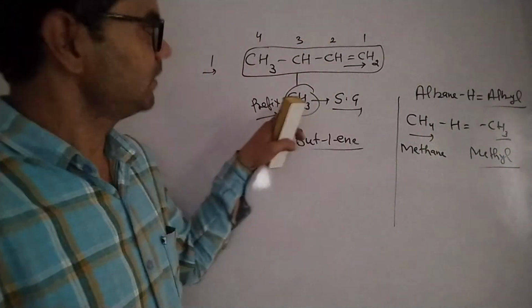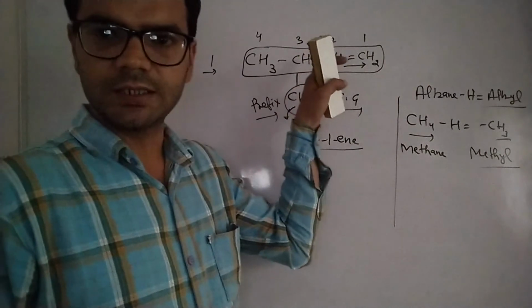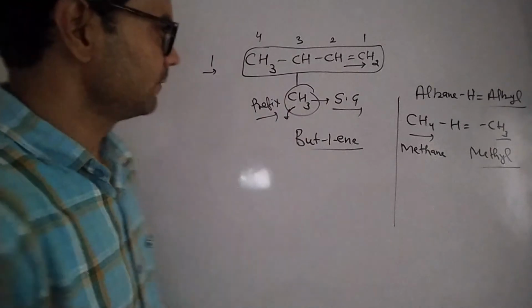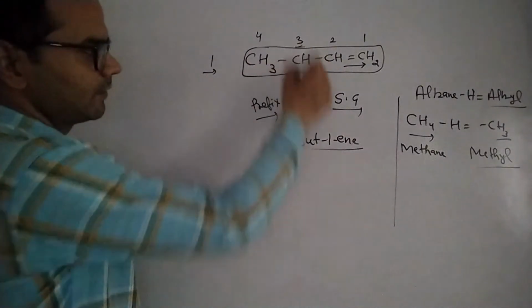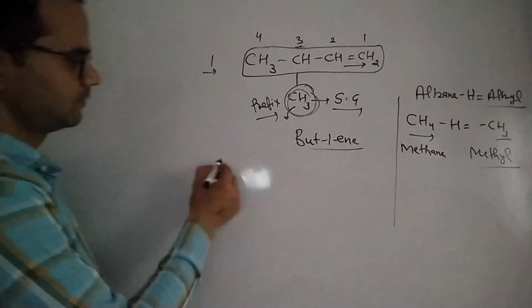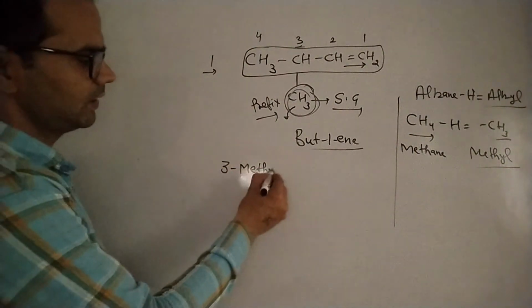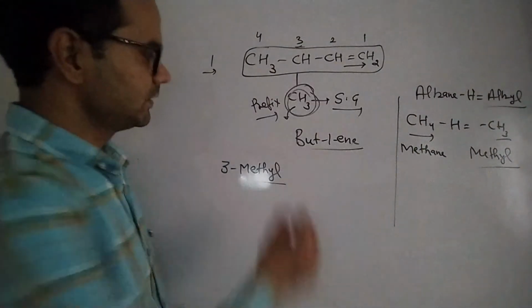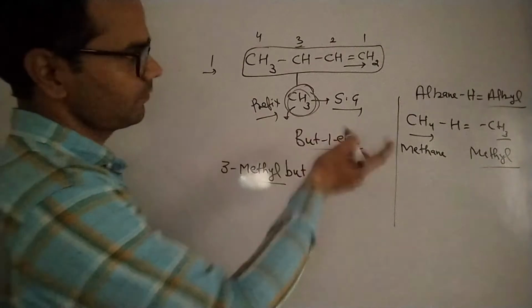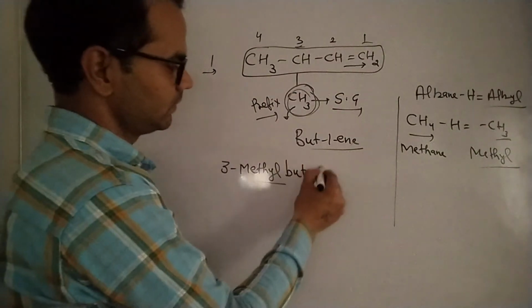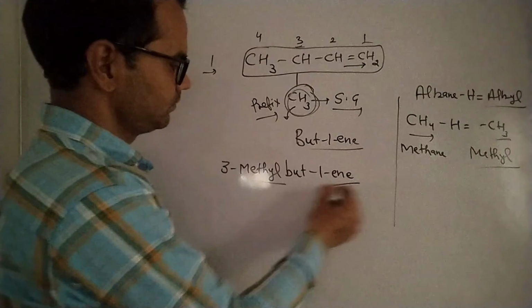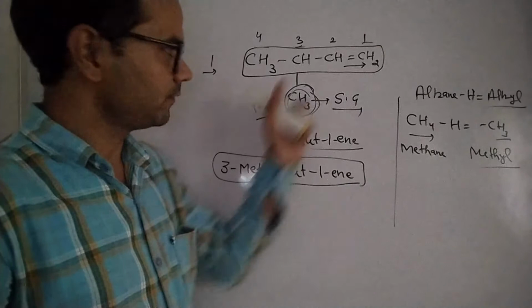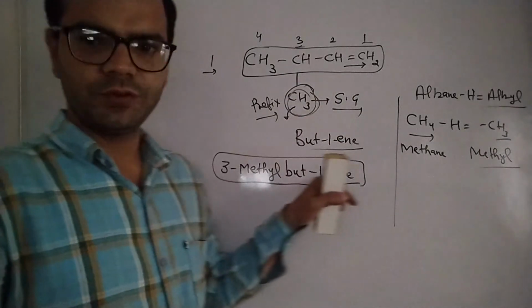And the methyl group is present at the third carbon. So now I am going to write the complete IUPAC name of this compound. The third carbon contains a methyl group, so 3-methyl. Now the root word is but, and the first carbon contains a double bond. So this is the IUPAC name of this compound: 3-methylbut-1-ene.